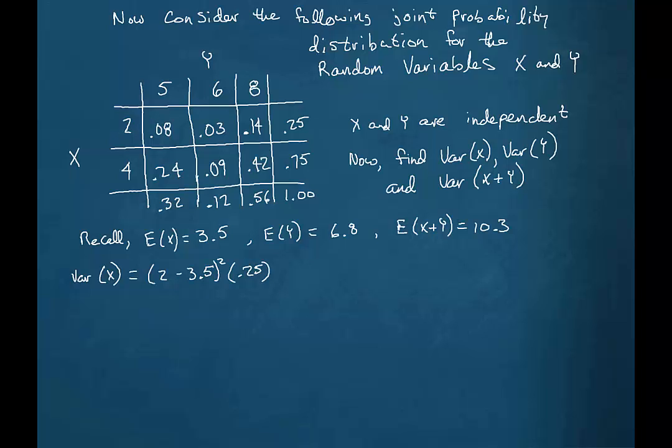So for the x value 2, we have a mean of 3.5 and a probability of 0.25. And then we'll add to that for the x value 4. The mean for x is 3.5, square that, and then multiply it by the probability that x is 4, so 0.75. And that variance turns out to be 0.75.